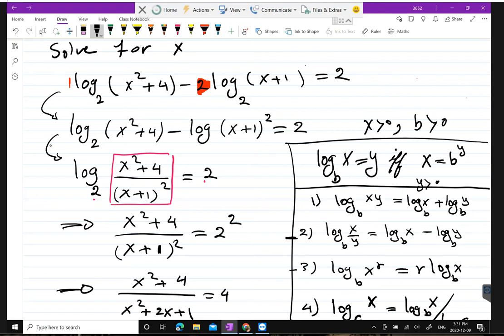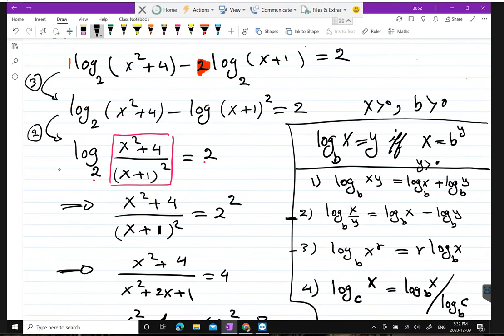I first use number 3 to put this 2 on top of x plus 1, and now I'm using number 2 to write it in the form of a fraction. So the logarithm of x squared plus 4 over x plus 1 to the power of 2, base 2, is equal to 2.